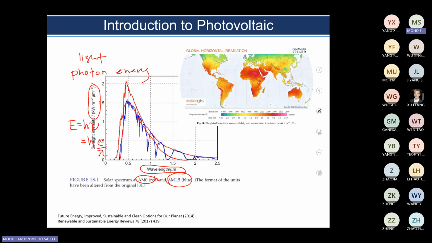What kind of material is good to make use of this solar intensity at AM 1.5? Anyone can suggest a material? If you do not remember what kind of material, maybe you can say about material properties. This kind of material properties is good to be applied for this sunlight intensity characteristic. Anyone?